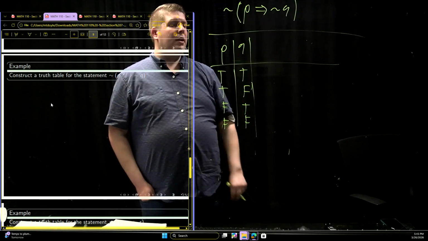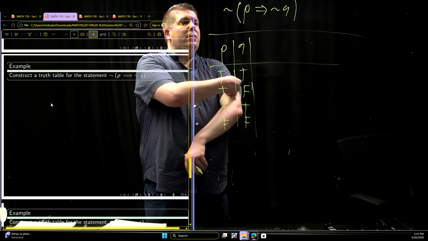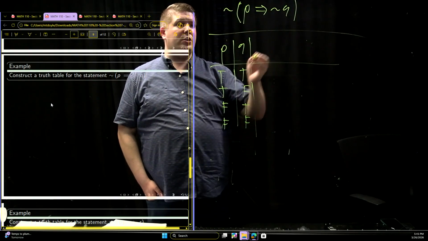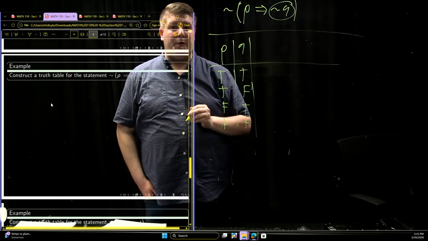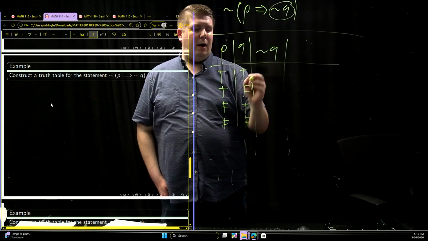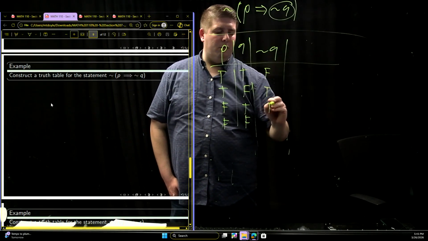Now, what we want to do is look at this and say, what should we break down first? I think we should break down the not Q first. So we have the not Q, and that just gives me the opposite truth value, so that's false, true, false, true.